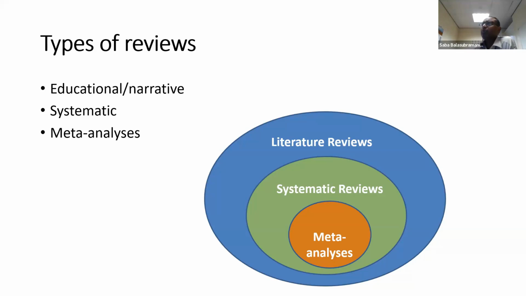Okay, so if you want to describe the key characteristics of a systematic review, you would say it has to be a clearly stated set of objectives with predefined eligibility criteria for the studies that are going to be included. There has to be an explicit and reproducible methodology. The way you've done the review has to be replicated easily by other people. It has to incorporate a search strategy that aims to identify all studies that meet your eligibility criteria.